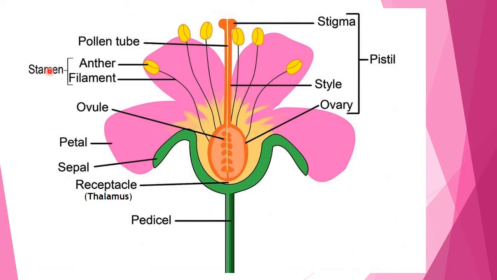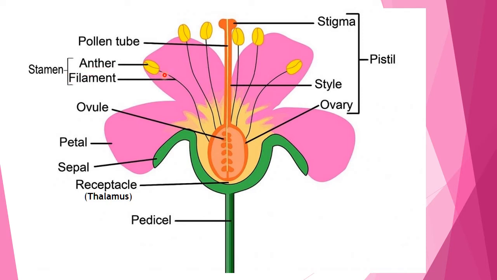One stamen consists of anther, here this yellow color anther, and this long stalk, that is filament. Anther lobes are connected by connective. That term also you know. So anther and filament form the stamen.